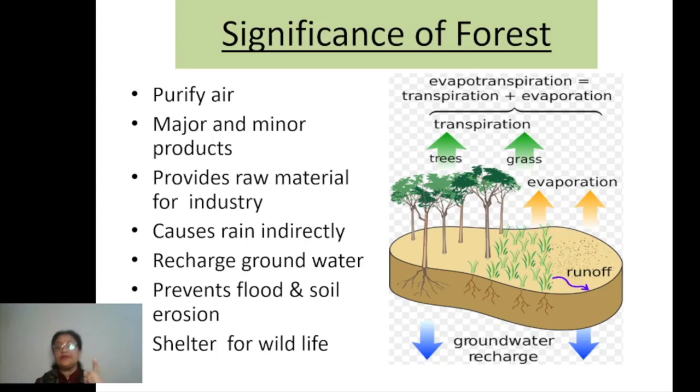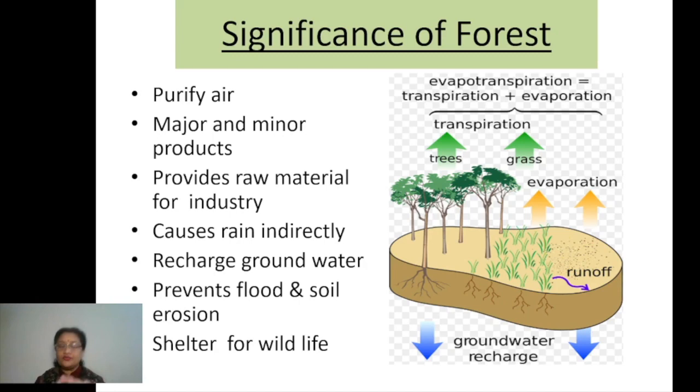So they help in reducing the soil erosion to a great extent, right? And after this, a very important use of forest is that they work as a shelter for the wildlife. They are also helping us to provide shelter for a large number of wildlife.